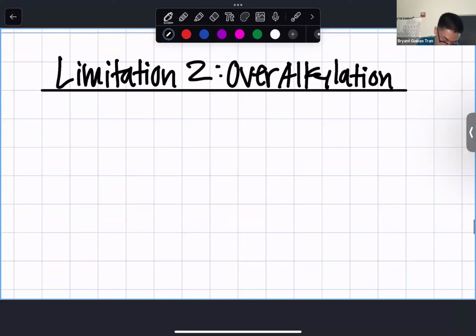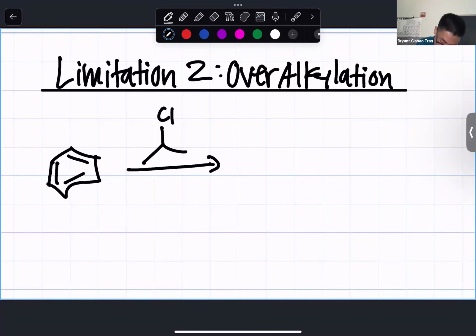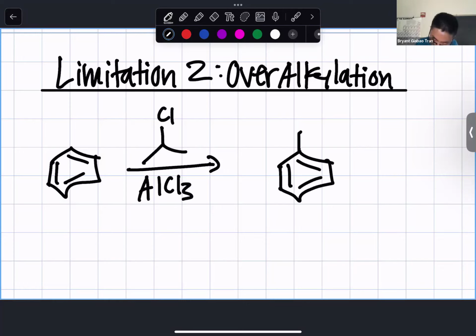Okay. So let's say we have a benzene ring like this, and we put that through this R group with the leaving group Cl, AlCl3. Right. If we add that R group here, right? What is this R group here?